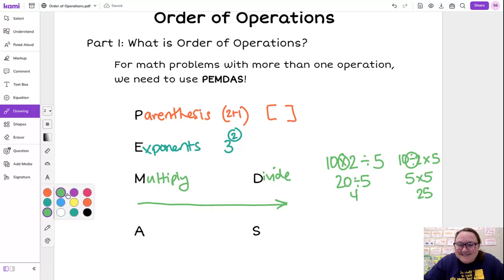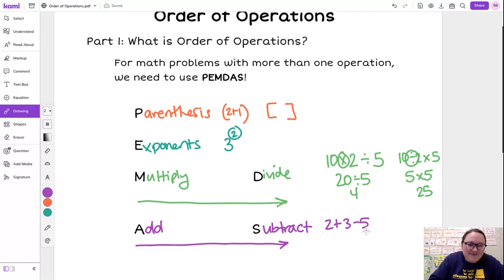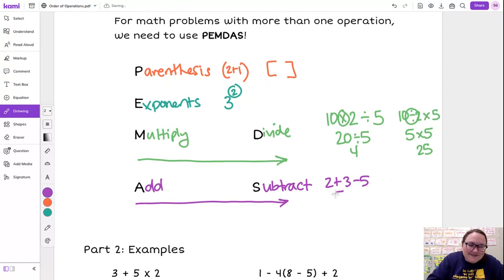A and S will be the same way. A and S mean add and subtract. And I have them together in the same line because it's got that same rule about left to right. So for example, if this is my problem, I would do 2 plus 3 first and then subtract second. But if this was my problem, I would be subtracting first and then adding second.